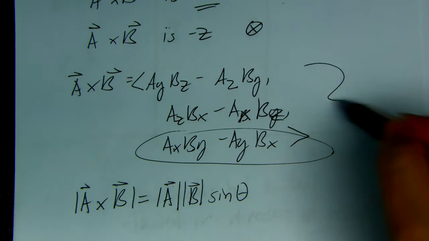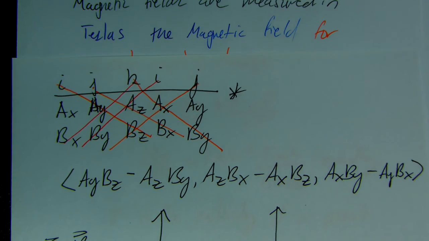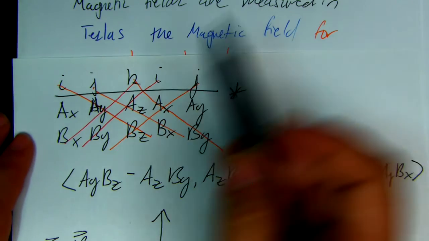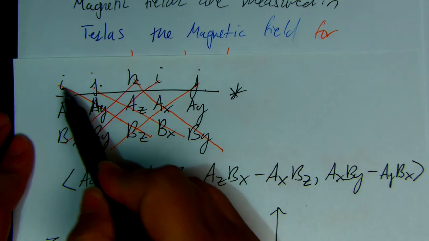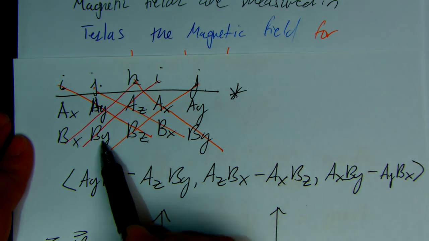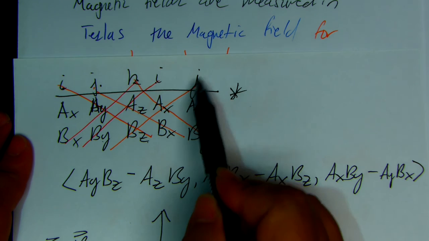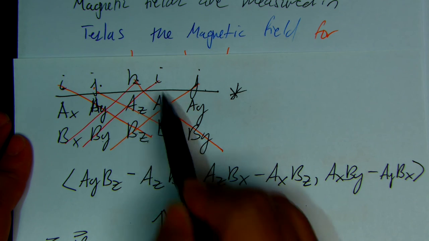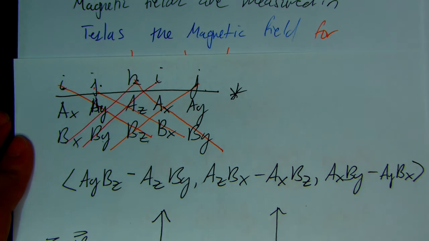Now this formula can be a bit hard to memorize, and so I often recommend using the ijk method for doing a cross product. So you line it up, i, j, k, you go down from i, so you have AyBz minus AzBy, AzBx minus AxBz, and then AxBy minus AyBx.